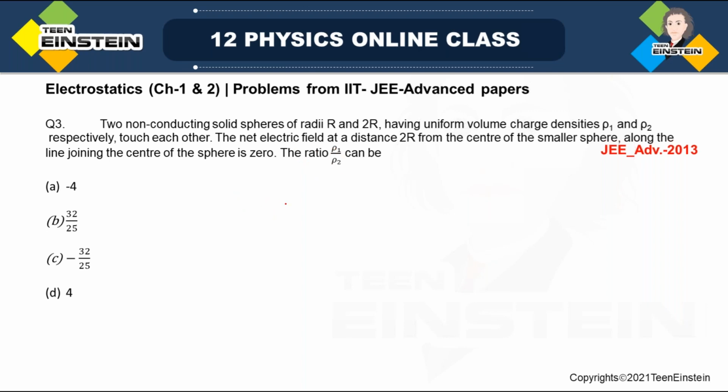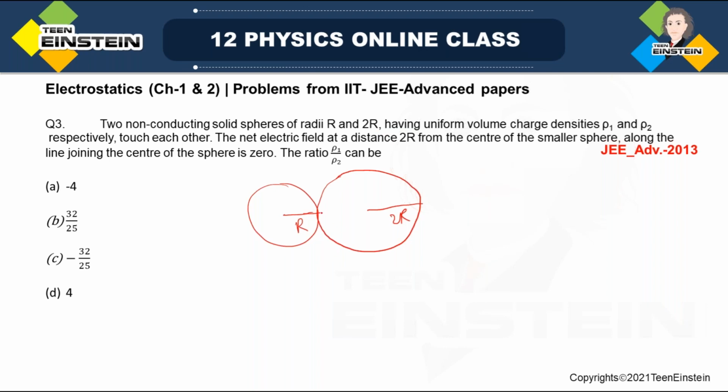So the question is, this is one sphere having radius r, and another non-conducting sphere which has radius 2r.